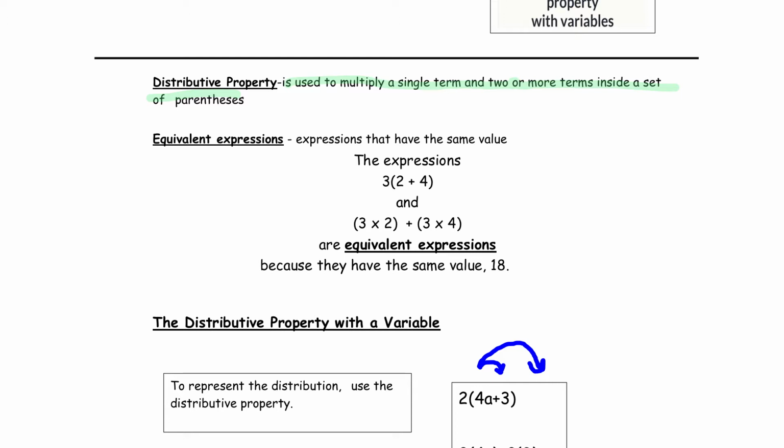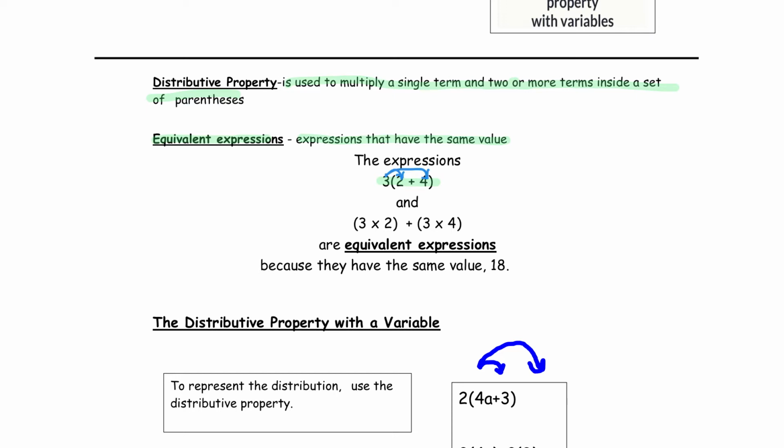A lot of vocabulary in this unit. Equivalent expressions are expressions that have the same value. So if we look at the expression 3 times 2 plus 4, that is the same when we apply the distributive property when it's 3 times 2 plus 3 times 4.